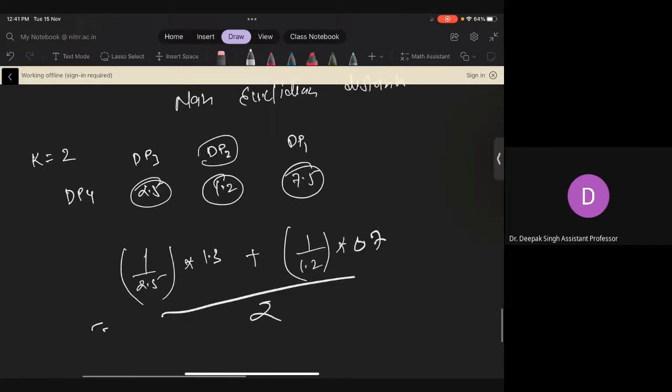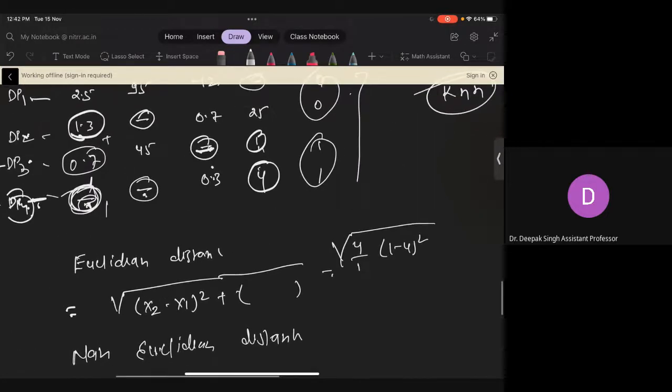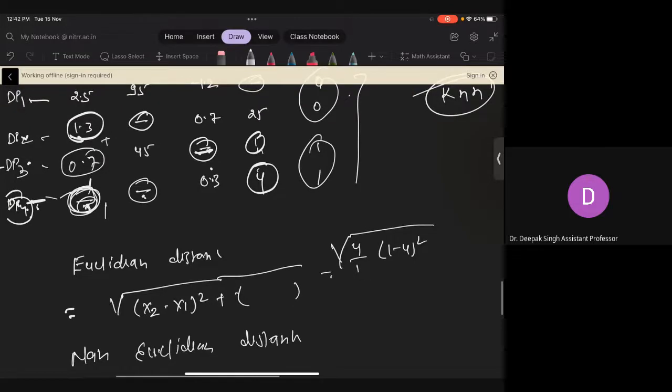So this is actually the distance-weighted mean formula. Either you can directly take the mean of the two values or you can apply this formula to get the mean. Am I clear? It's very clear. KNN imputer is very easy. Okay. This is one approach through which you can apply KNN imputer.